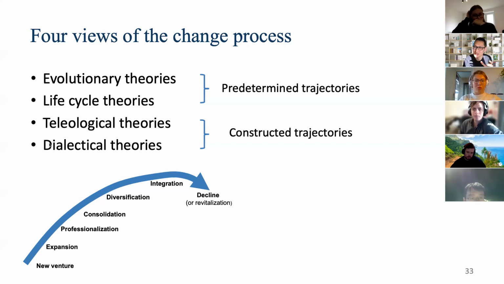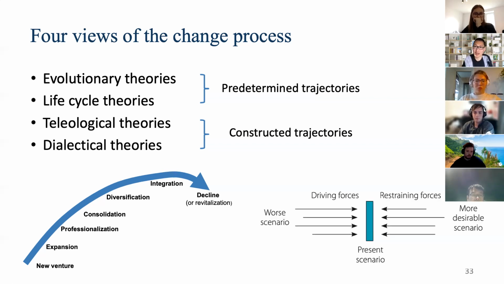So dia means 2, right? And dialectical just means that there are 2 contradicting forces that determine the corresponding trajectory of this change. So here I just give you this illustration to demonstrate this. Usually you have this bad scenario, and you want to change to a good scenario, a more desirable scenario to adapt to the environment.